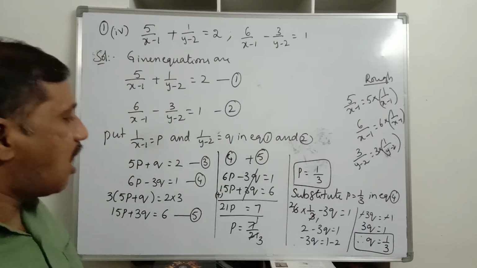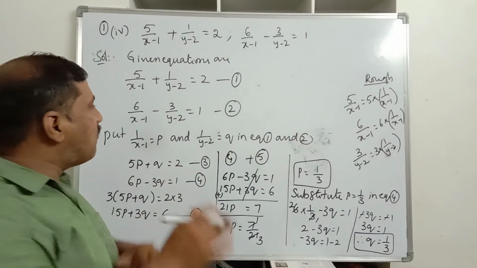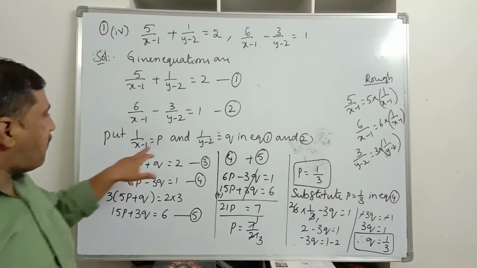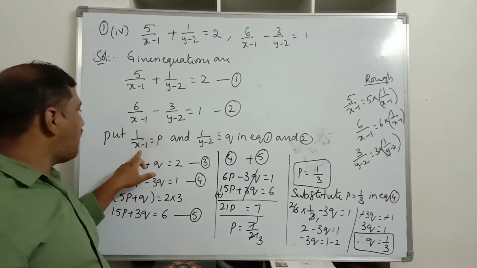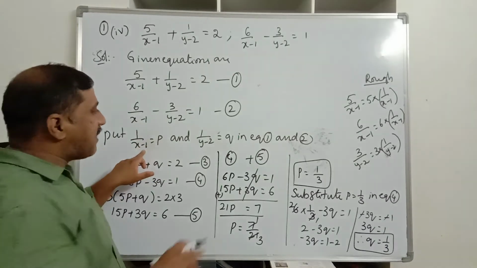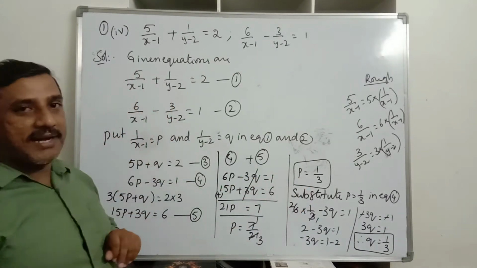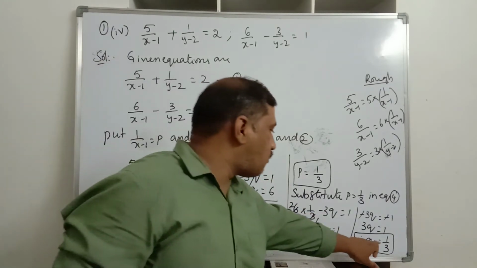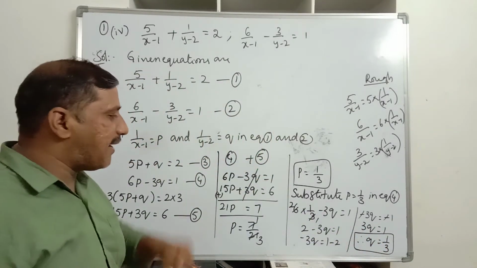P is equals to 1 by 3, we got. Finally, what we have to find? We have to find the x value and y value. P is equals to 1 by x minus 1, so 1 by x minus 1 is equals to 1 by 3. 1 by y minus 2 is equals to q, and q we got is 1 by 3.